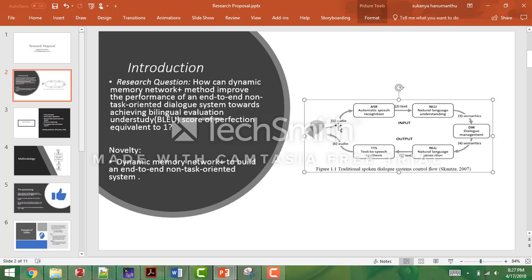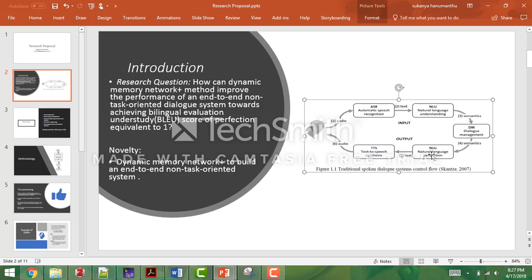So when you see the dialogue system model, the flow goes like this. It starts, the person speaks something, and then we have automatic speech recognition, which recognizes and converts to text. And then we have natural language understanding.